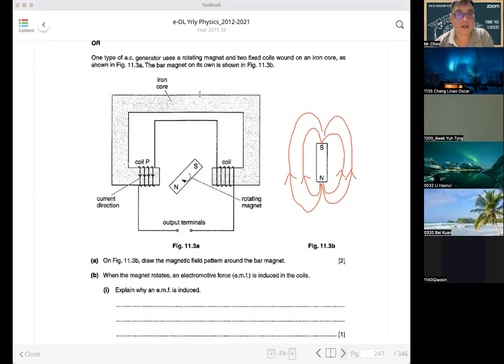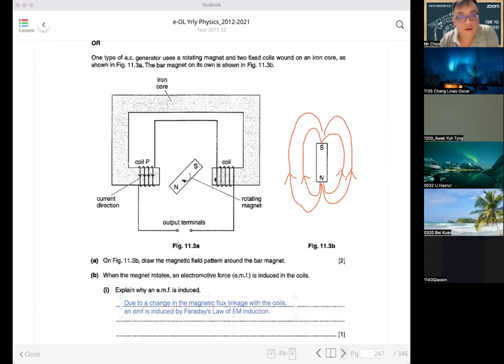Okay, so this question, same thing. It's part B again. It's always part B. So let me give you the answer. Due to a change in the magnetic flux linkage with the coil, an EMF is induced by Faraday's law of electromagnetic induction. Okay, so can we all say something like this?